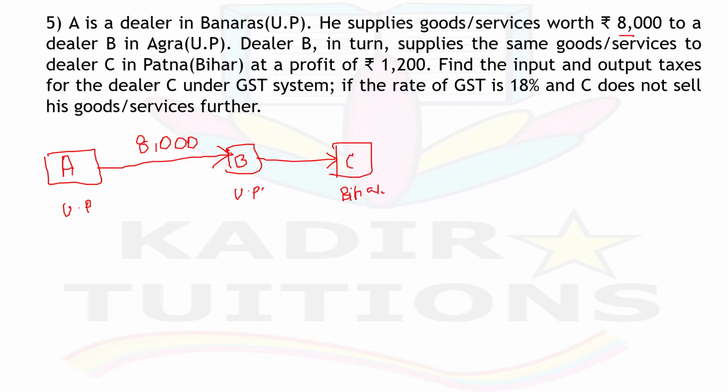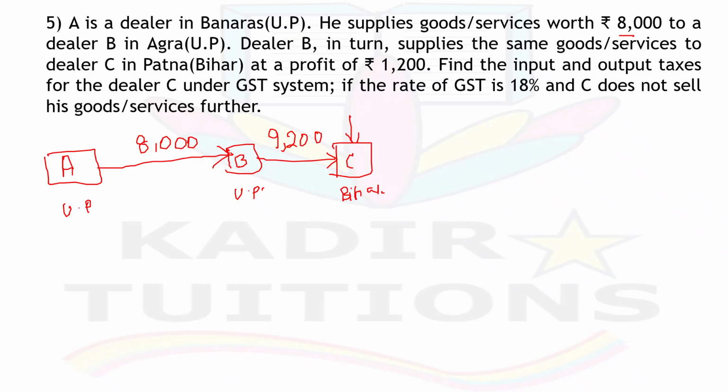That means Patna, Bihar, at a profit of 1,200. Then what he has sold the goods or services for is nothing but 9,200. Now the question is, find the input and output taxes for the dealer C under the GST system. If the rate of GST is 18% and C does not sell his goods further, okay, fine.